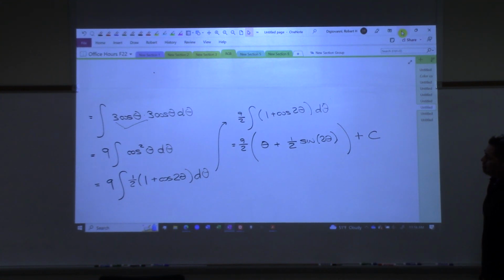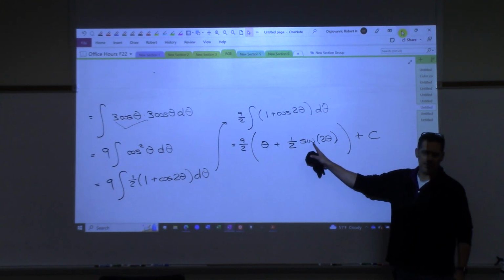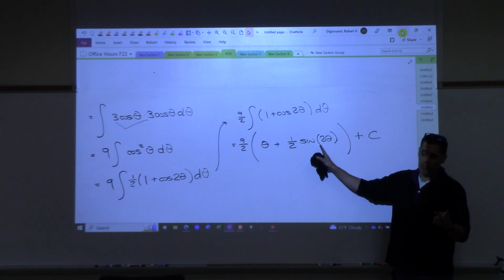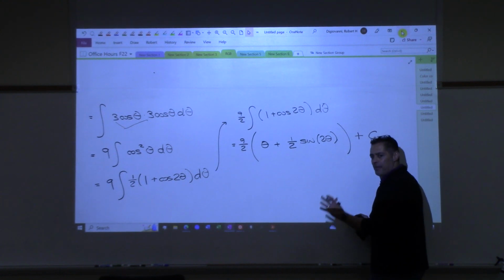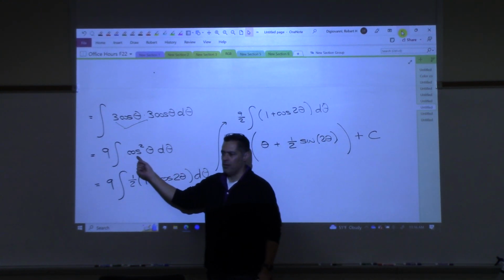And now we need to do our triangle and stuff like that, but the problem is this trig function involves 2 theta, not theta, and everything that we know about is in reference to theta, not 2 theta. This happens every single time you have a cosine squared or sine squared.